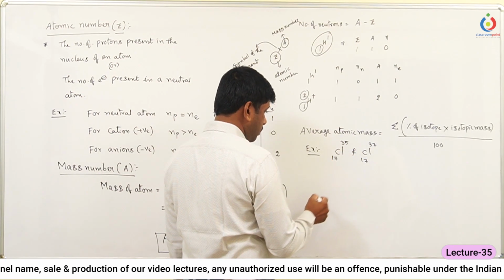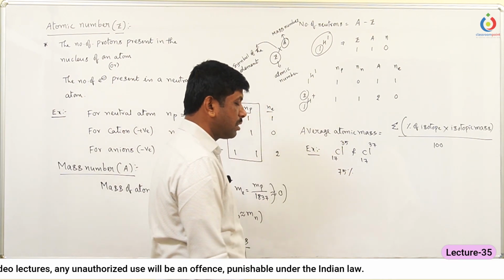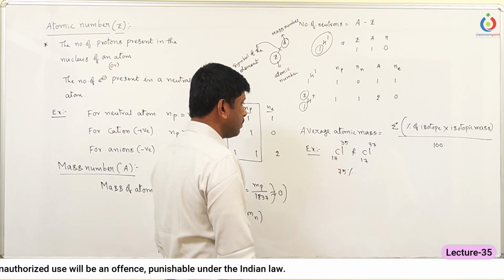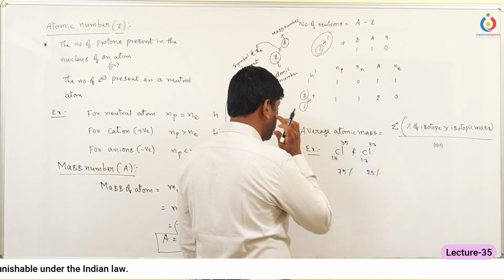Chlorine-35 is the most abundant isotope of chlorine, which comprises almost 75%, whereas chlorine-37 comprises the other 25%.